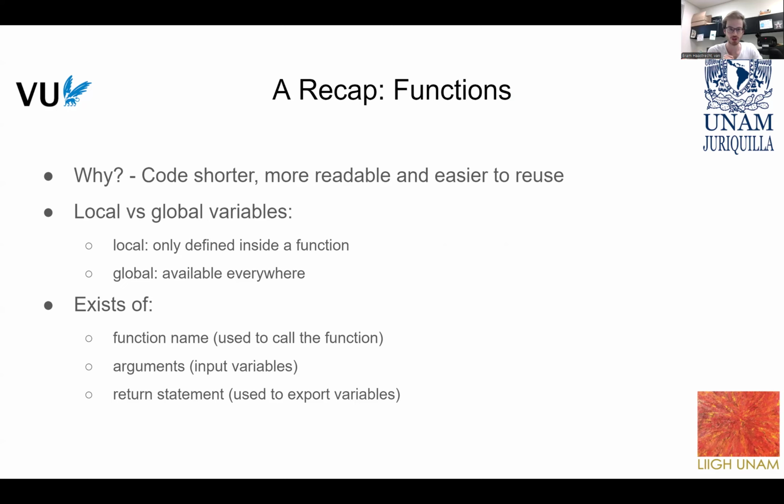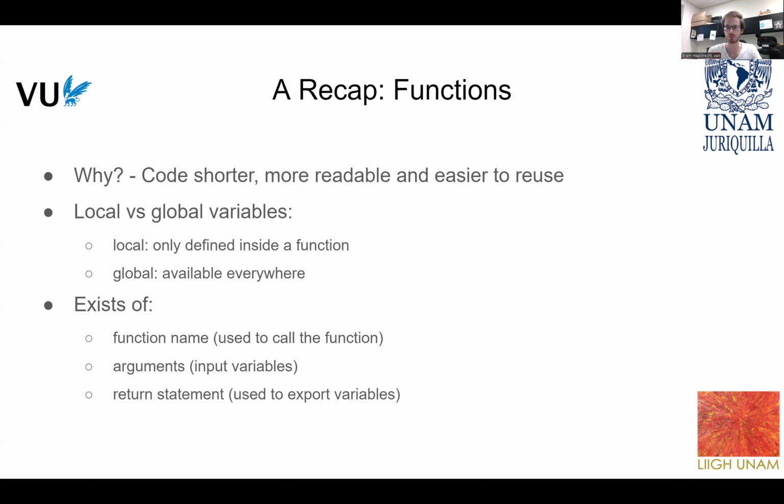And then functions, they consist of a few main elements. The first is the name of the function that we use to call the function. And then the arguments, we put that in brackets after the name of the function. Then we get, of course, the body, the operations that we perform in the function.